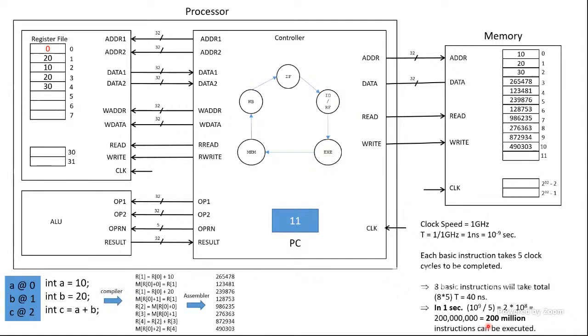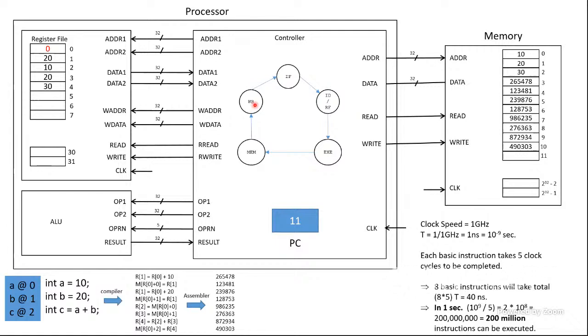So even if there is some repetition of operations, like if it is not a memory operation, nothing is happening in the memory stage, and if it is not a register write operation, nothing is happening in write-back, there is a possibility to optimize, but it's not worth it, because we are already executing at a blazing speed.